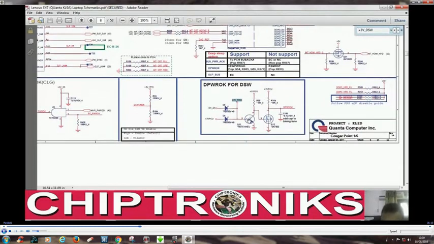So this point would become 0 volt, hence the gate would become 0 volt.